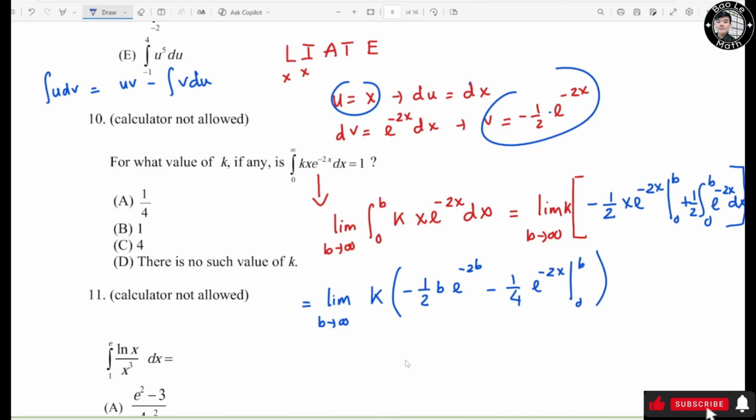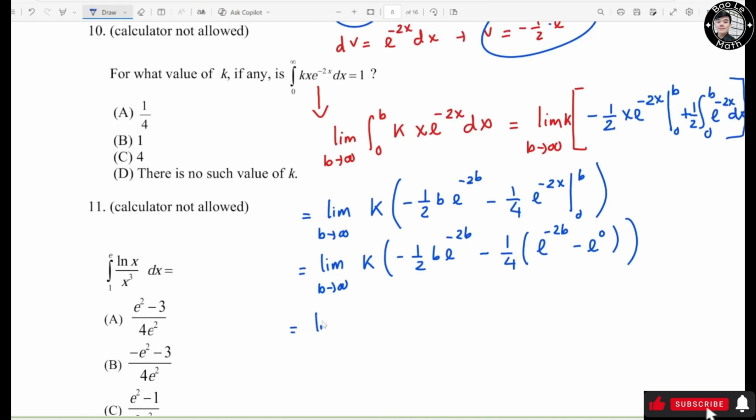And it's going to be the limit as b approaches infinity of k times negative 1 over 2 b e to the negative 2b, minus, substituting b for s, 1 over 4 times e to the negative 2b minus e to the 0.